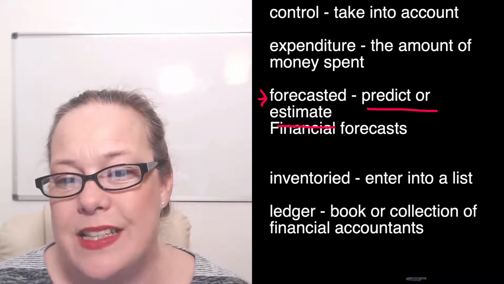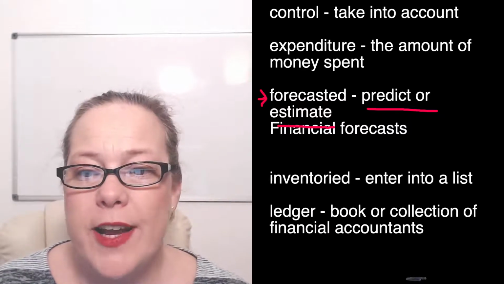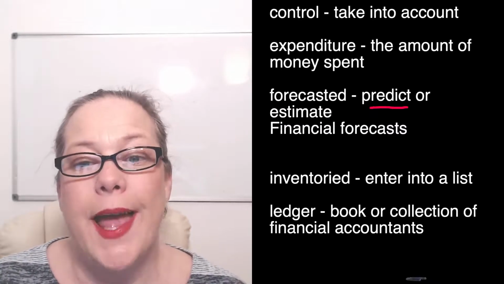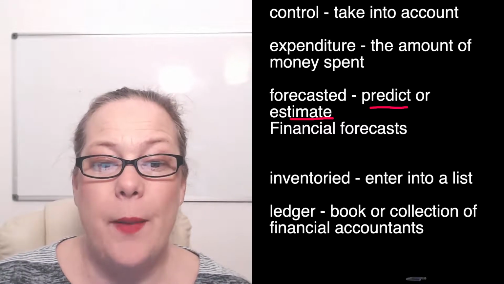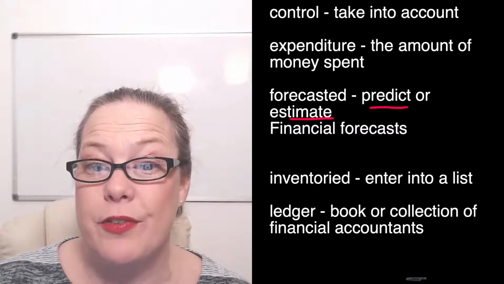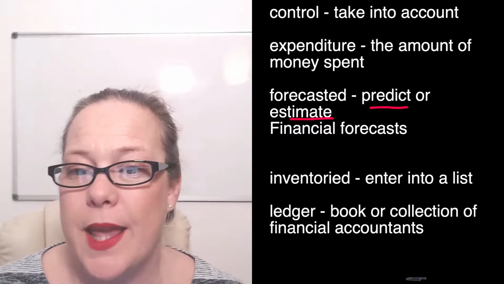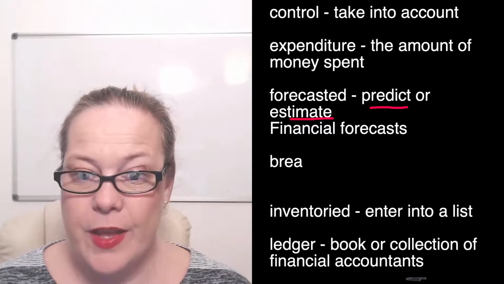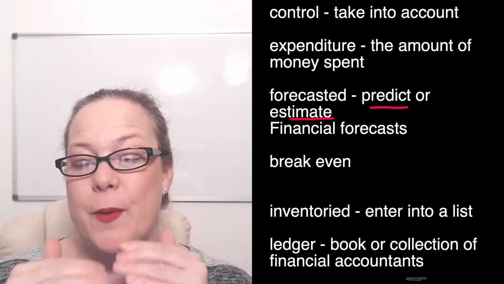So what is a financial forecast? If you do a financial forecast, you are predicting or estimating how much money a company or a business will make, so it's profit, or it will lose, okay, lose, or even the percentage that it will break even.